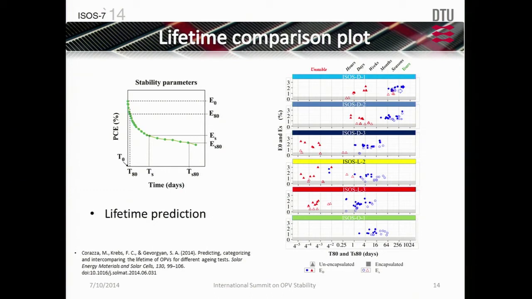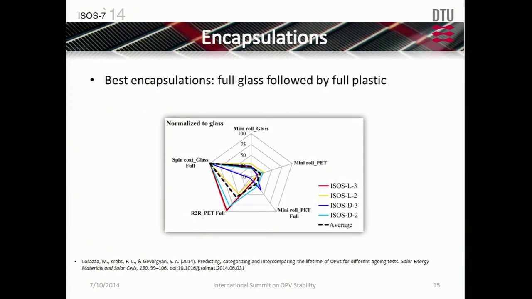So if we then look at the same type of device, same architecture, and we vary the encapsulation, we have such kind of plot. And this plot has in the vertex different encapsulation. So we have mineral coated with different encapsulation, partial and full, free OPV, and the spin coated glass full. And this is normalized to this lifetime because it's the more stable one.